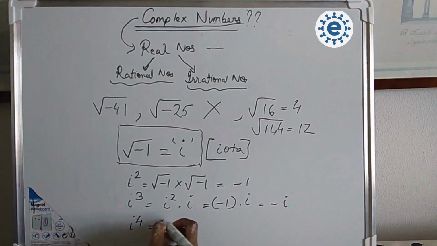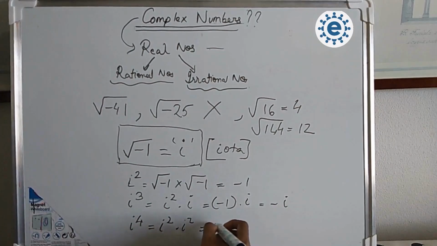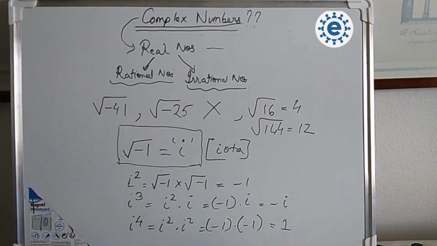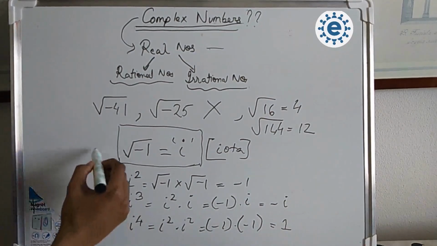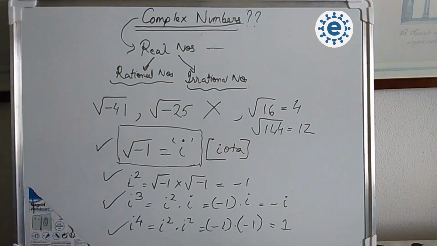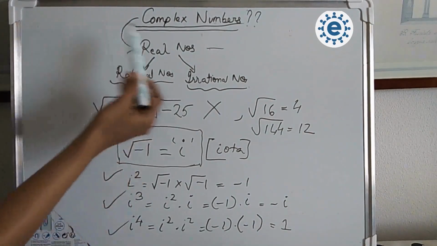Then I4. We will split again into I square times I square, and I square is -1, so -1 times -1 is 1. Now we have to remember these 4 important terms to understand complex numbers much better.